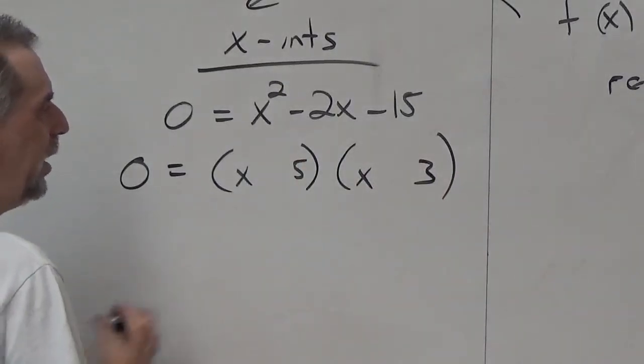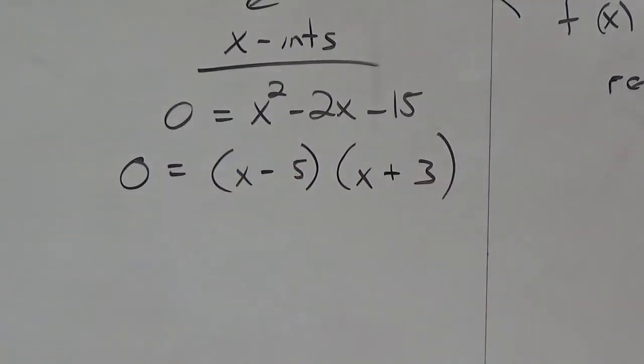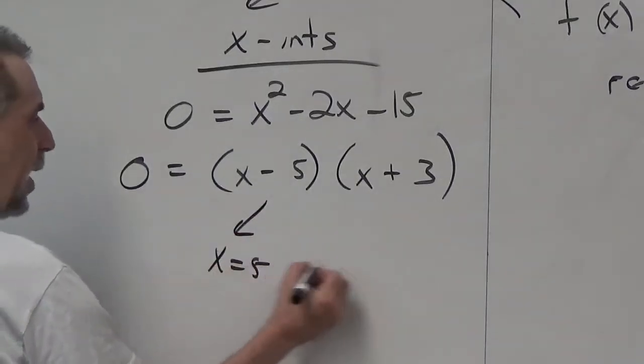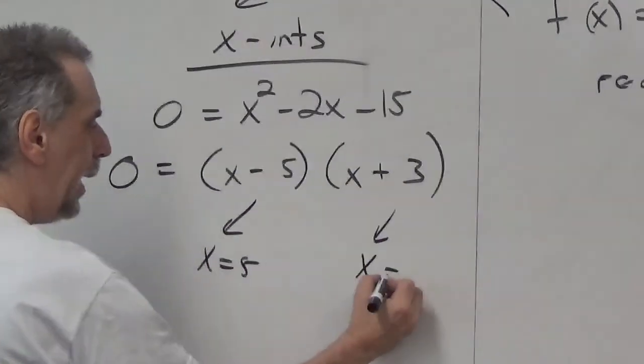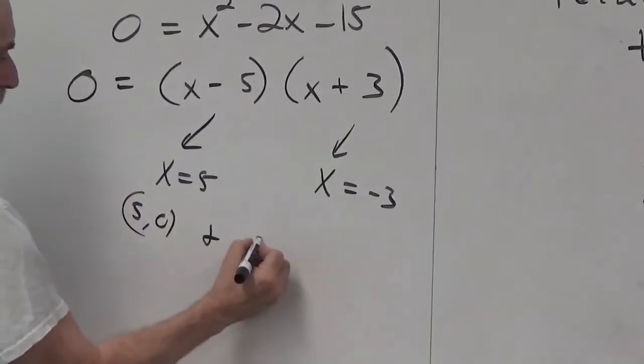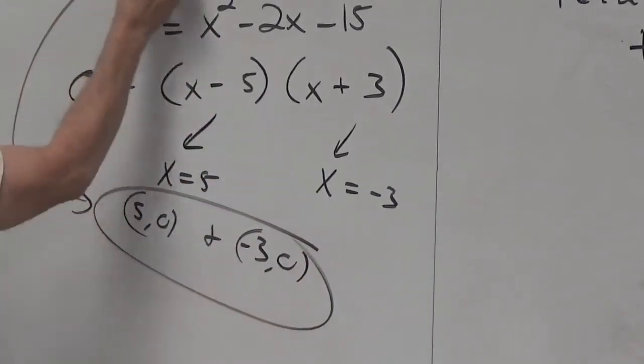All right, we want -2, so we're going to put a negative on the 5 and a positive on the 3. So that tells us our x-intercepts are at 5 and -3. So (5, 0) and (-3, 0) are the x-intercepts.